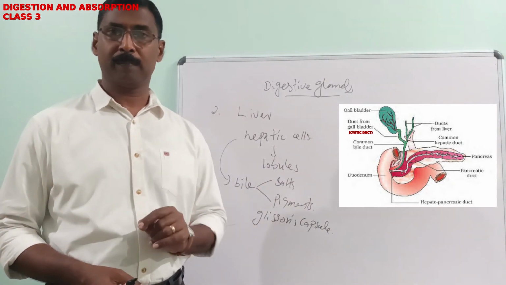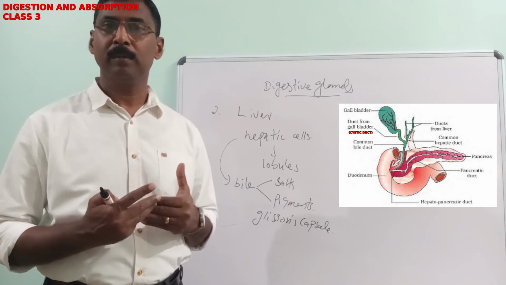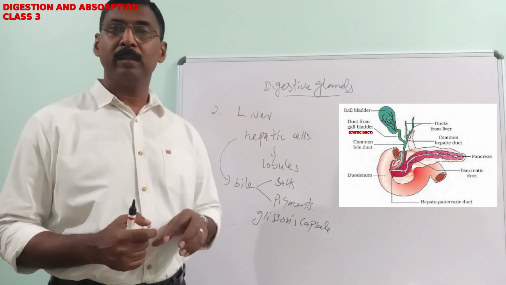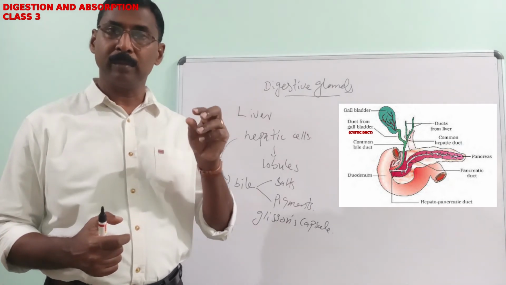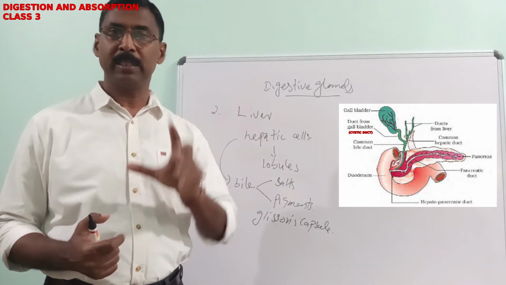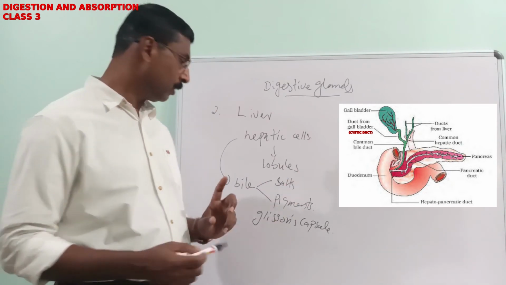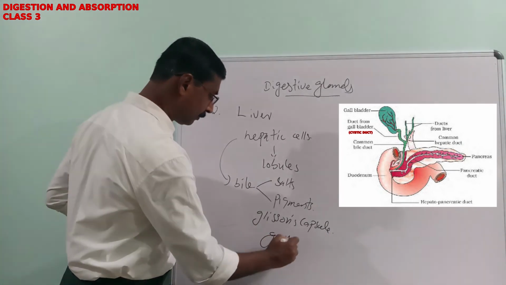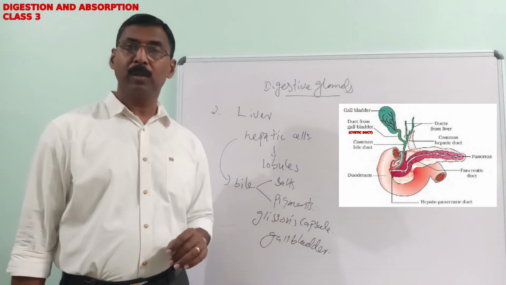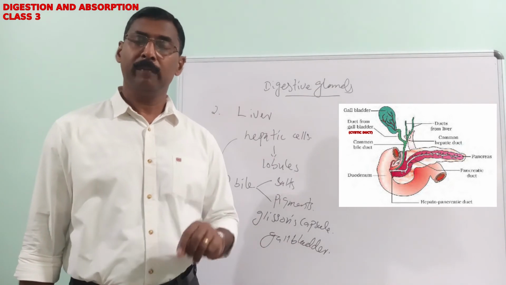The cystic duct carries the bile produced by the different lobules in the liver to a globular, sac-like structure called the gallbladder. Gallbladder, you can see that. So the gallbladder stores the bile temporarily and releases the bile whenever it is required.